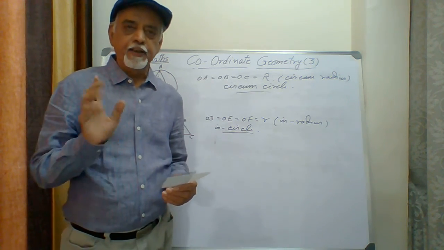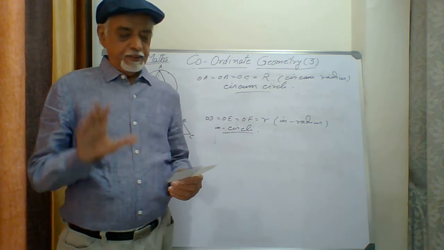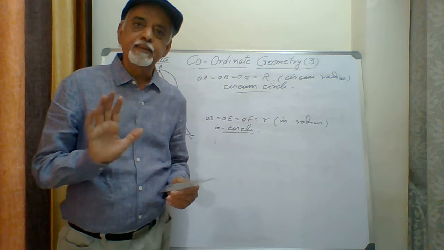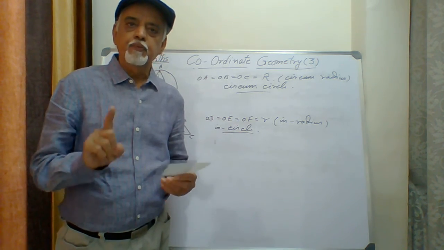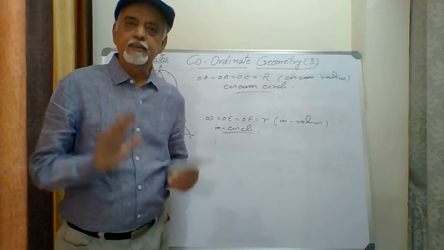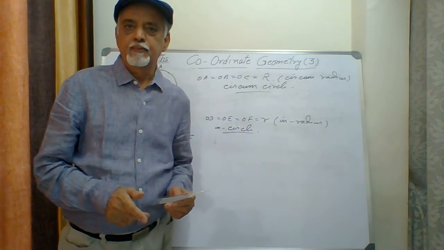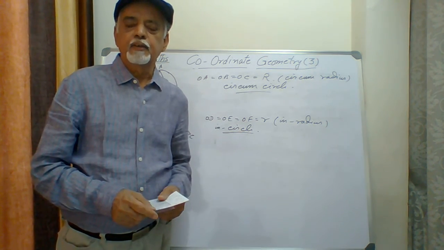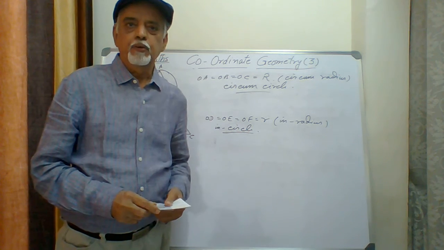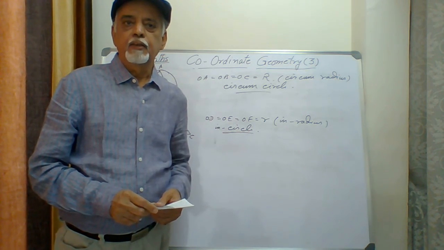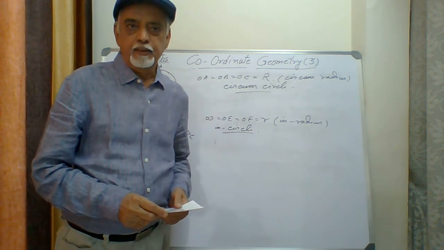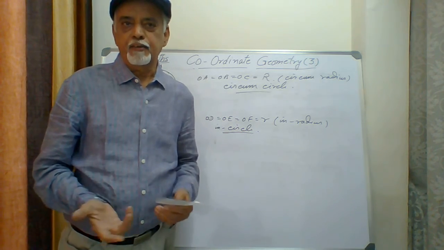Then how many wolves are required to catch 60 lambs in 60 minutes? I'll give you the answer in the next video of mine. You think and try to get the answer and verify you have done it right.